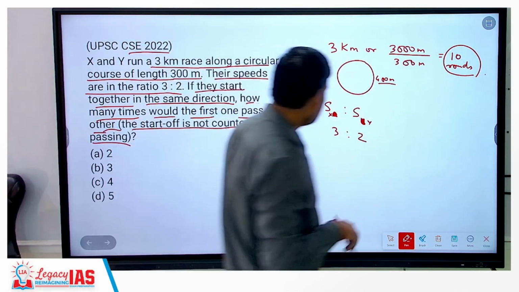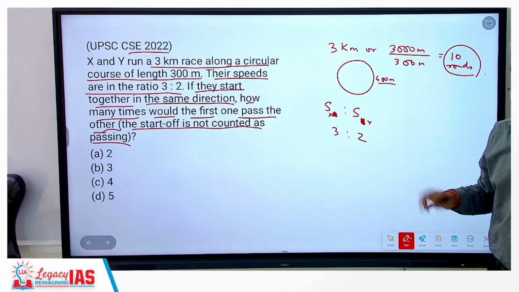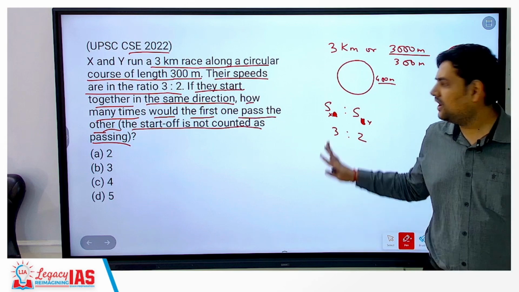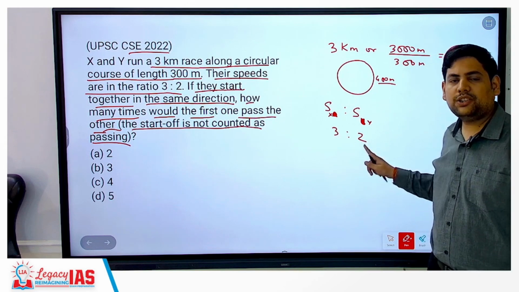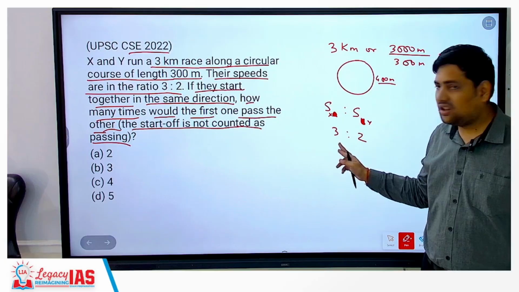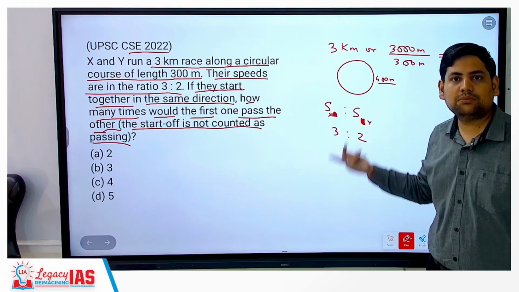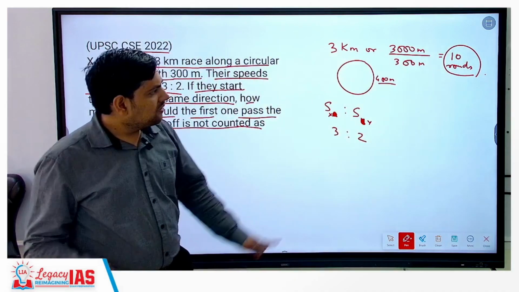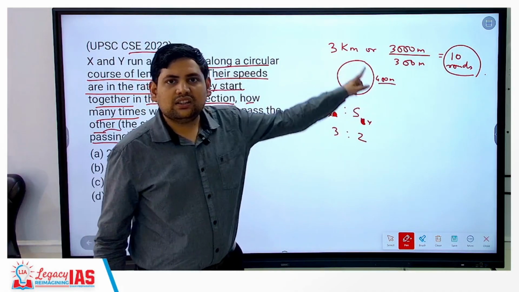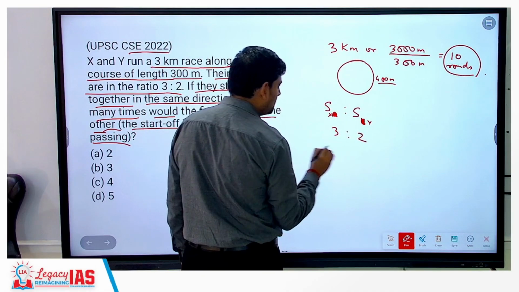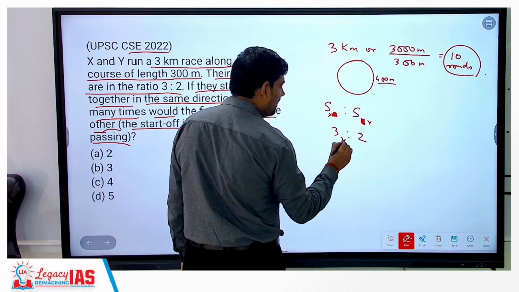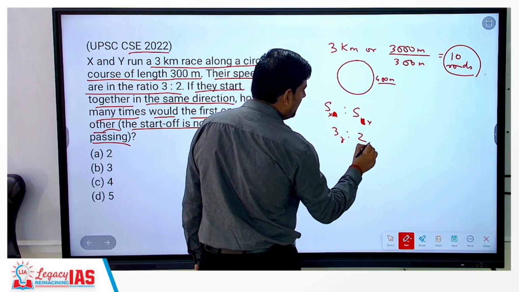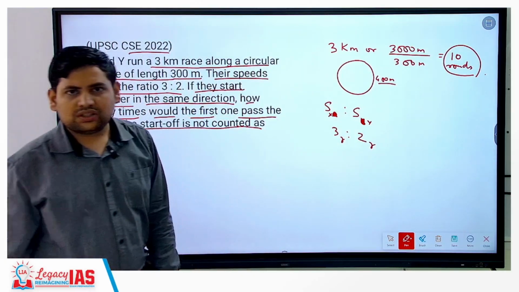Now these are their speeds. Speeds are in ratio 3:2, so I can assume it to be anything. I can assume it to be 3 km per hour and 2 km per hour, not a problem. Or 3 km per second and 2 km per second, does not matter. But in this chapter, because we are covering a circular track, we usually think in terms of rounds: X will cover 3 rounds in 1 minute, and Y will cover 2 rounds in 1 minute.